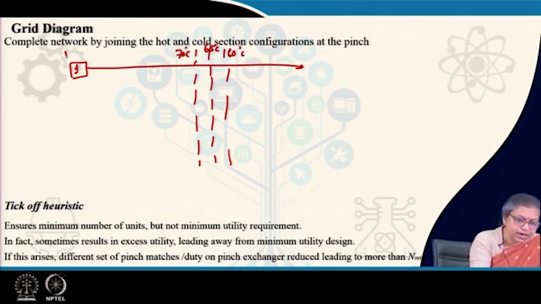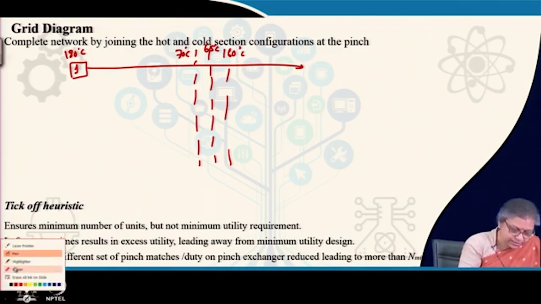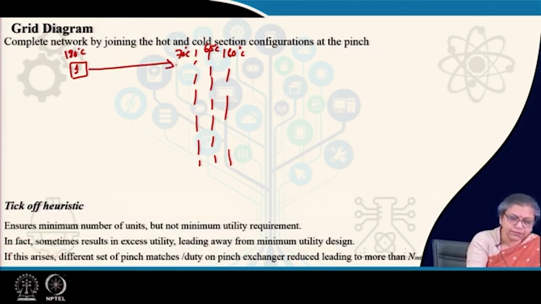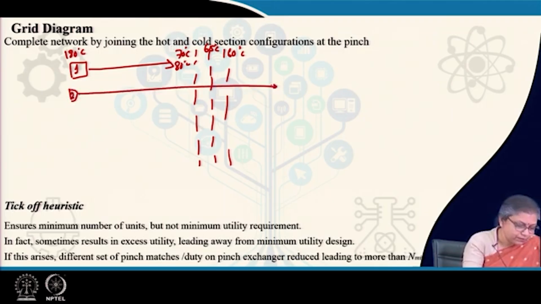So therefore, this starts from, again the same thing you have to do. This will not go to that extent. Yeah, this is 80 degrees centigrade, and then there is stream 2, which will start from 130 degrees centigrade, go right up to 40 degrees centigrade.